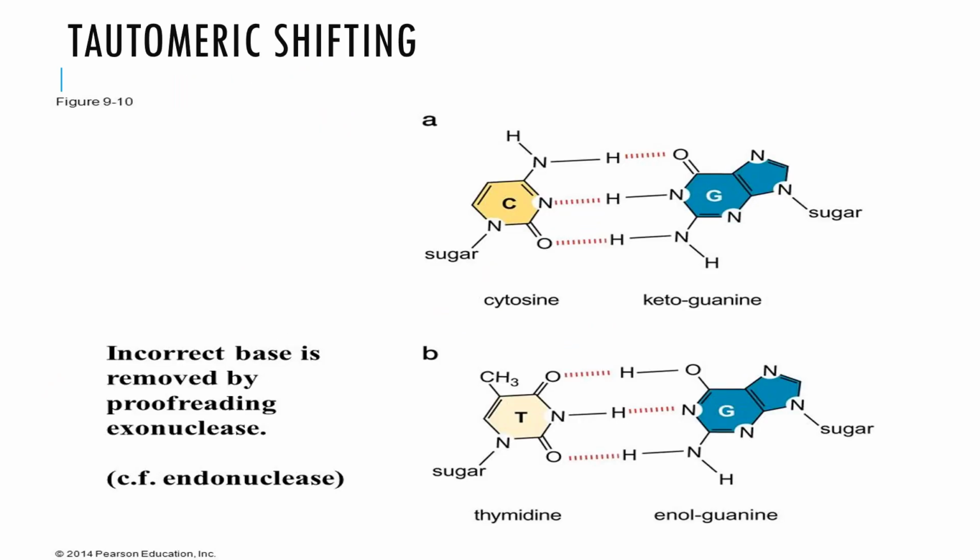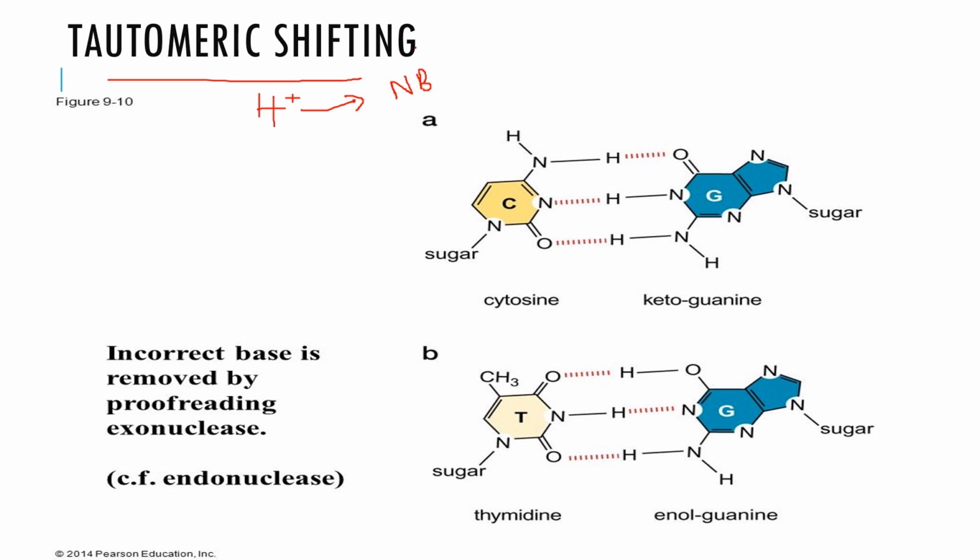Next is tautomeric shift. What is tautomeric shift? Tautomeric shifting is the shifting of hydrogen ions in a nitrogenous base.